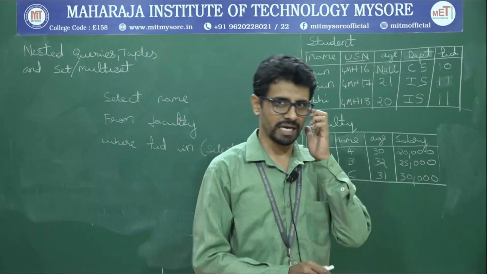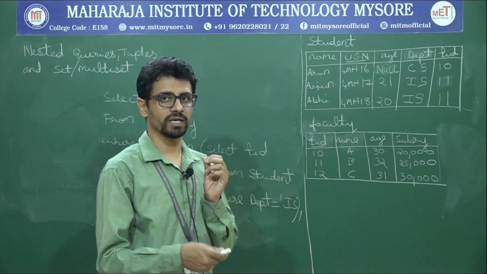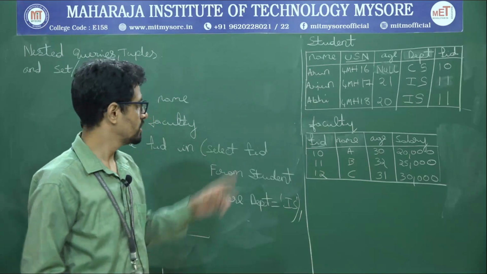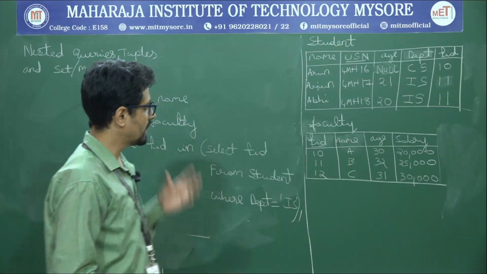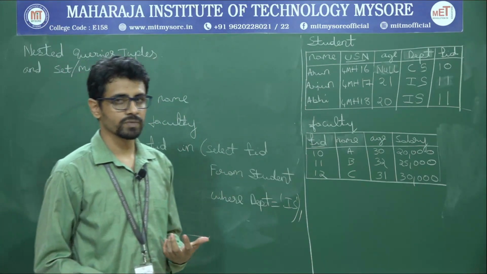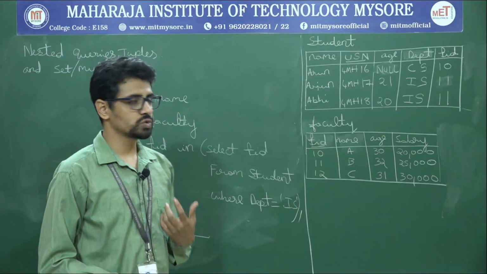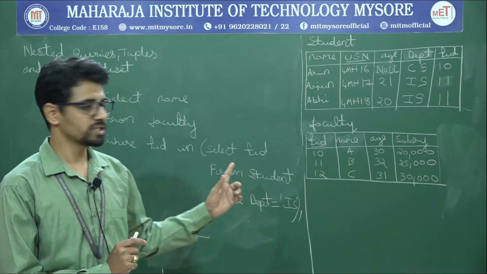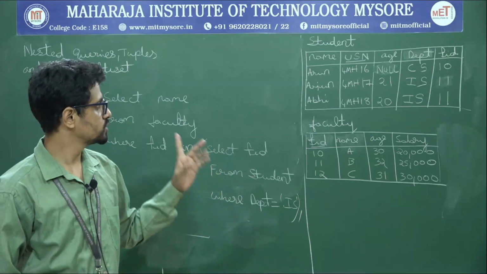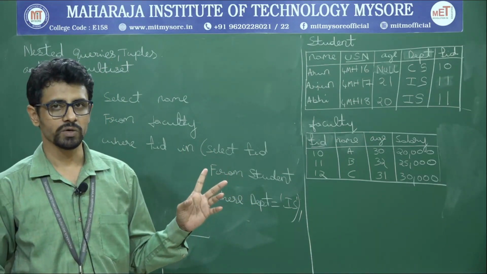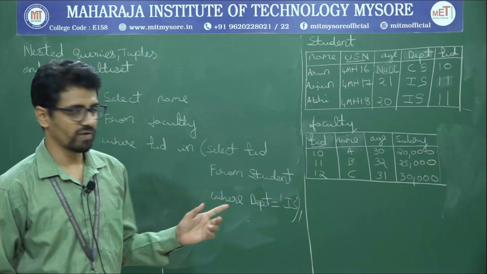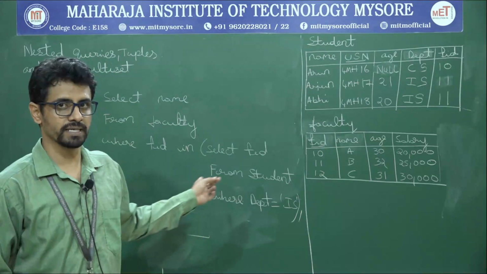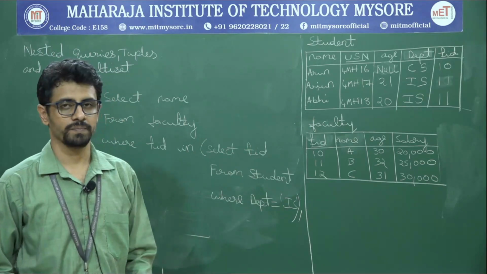Say for example, I'll take a question, so I'll help you understand nested queries with an example itself. Display the name of a faculty who are teaching students from the IS department. Just by seeing these two tables, you can see the department is in the student table, and the name of faculty, which they are asking to be displayed, is in the faculty table.